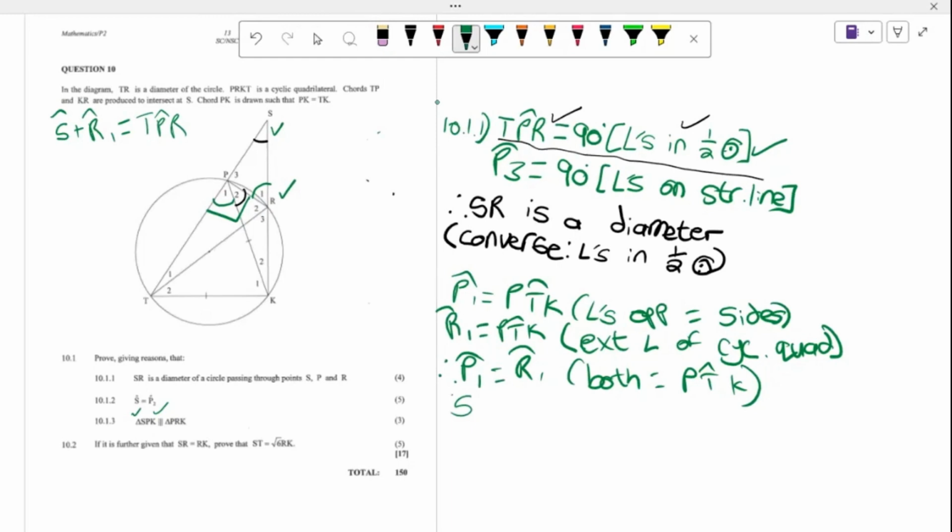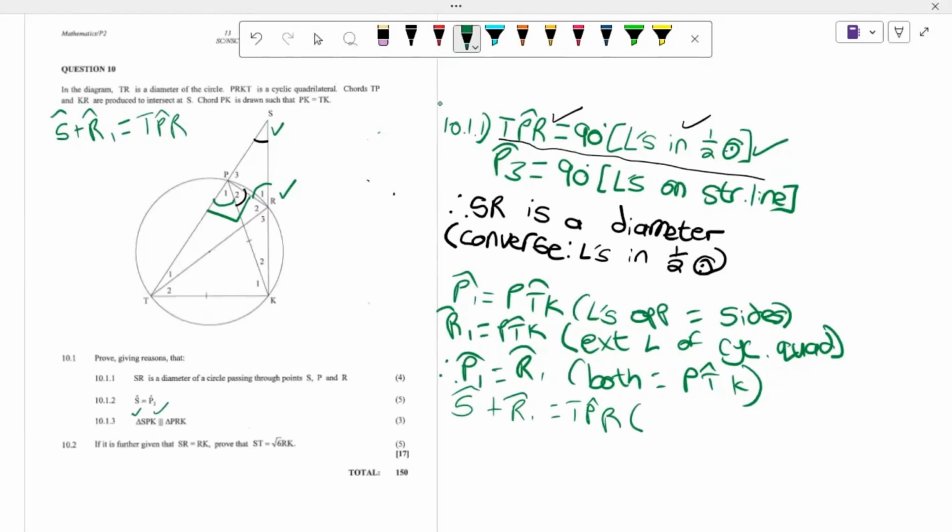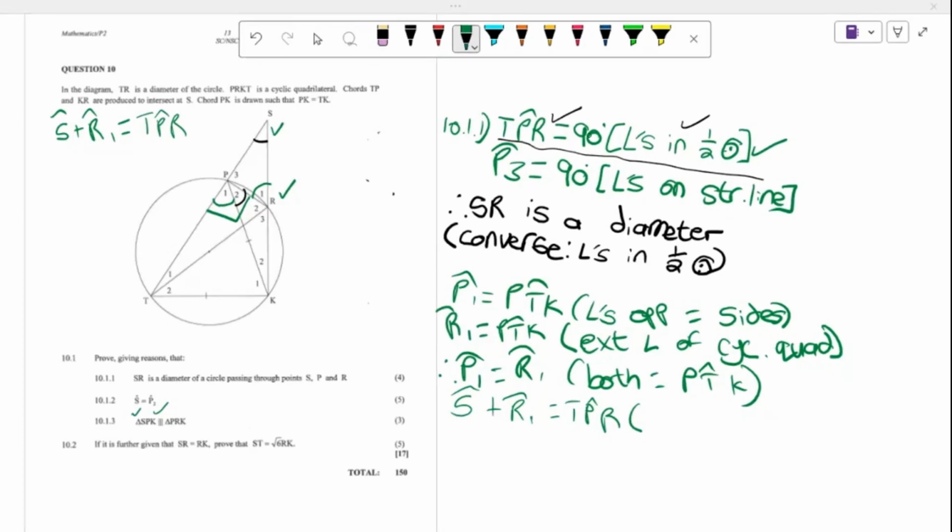Now, as I said, angle S plus angle R1. What is the reason for me saying that? Every statement must have a reason. This would be my exterior angle of a triangle.